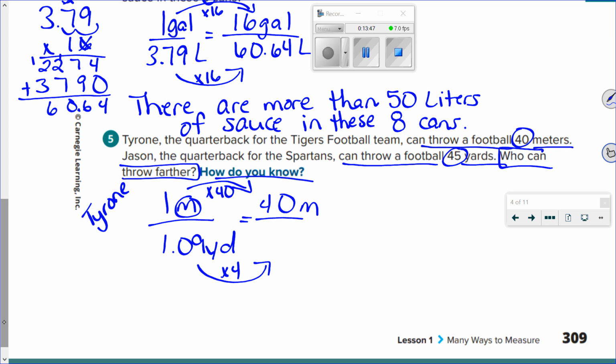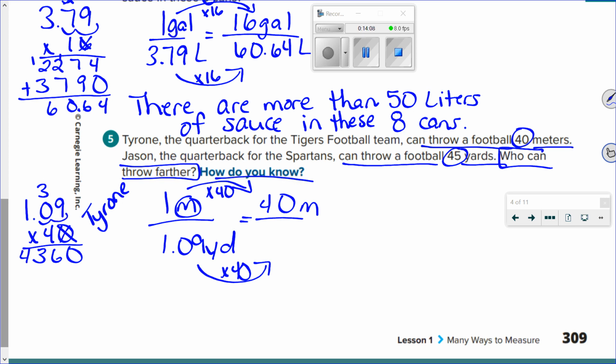So 1 900 times 40. Let's figure that out. Everything times 0 is? So I can just put a 0 as a placeholder. 4 times 9? Carry my 3. 4 times 0? 0 plus 3? And 4 times 1?